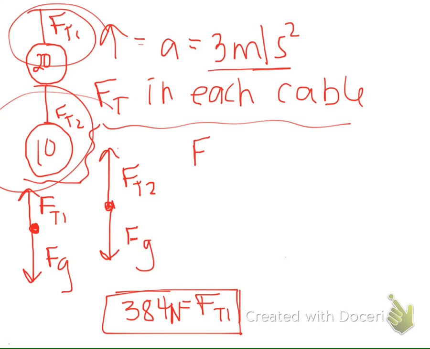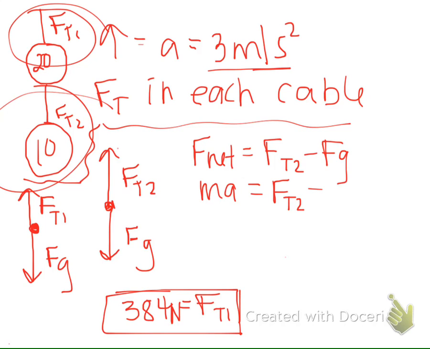Okay, so our net force equation looks the same, except we're dealing with our second tension force, so F sub T2 minus F sub G. We're going to do another substitution to have our mass times acceleration in there. We're solving for force of tension, so we keep that the same, and we know mass times gravity is also equal to F sub G.